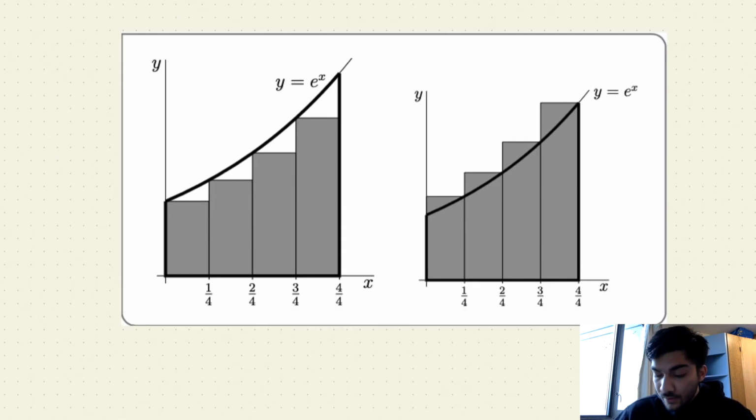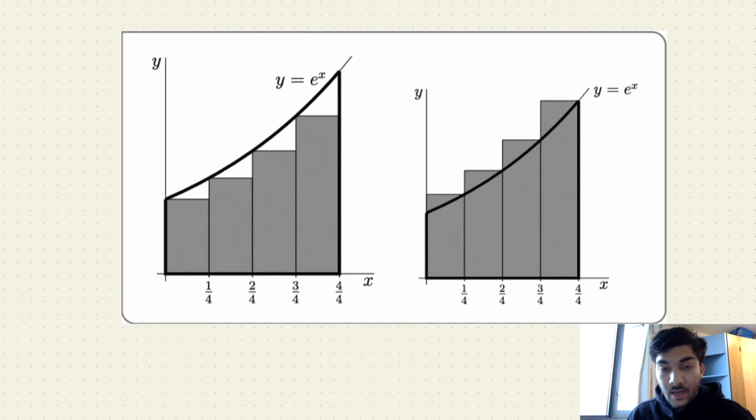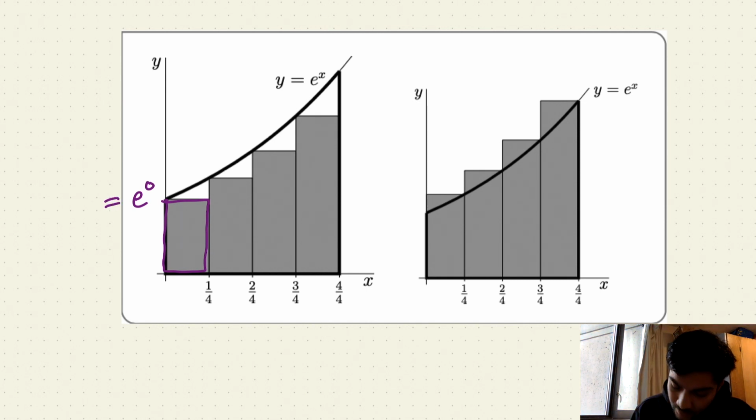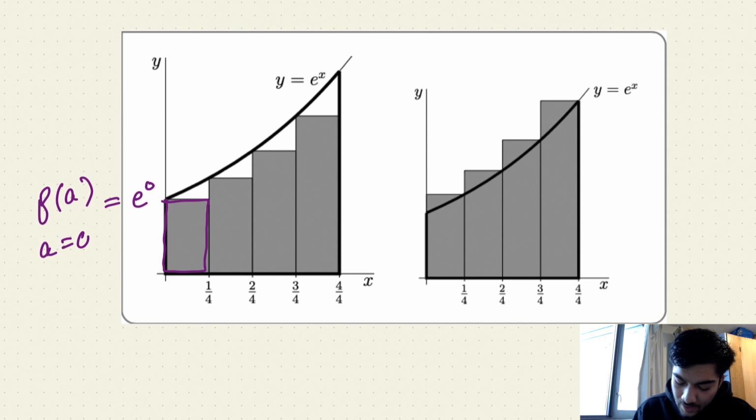Okay, so now in order to better visualize what a left Riemann sum or a right Riemann sum looks like, I have two examples on the screen. On the left hand side, you see that my interval is starting from 0, right? And I am considering the height of my first rectangle formed to be equal to e to the power 0, which is exactly equal to f(a), where my a is 0. So f(0) is e to the power 0, which is 1.